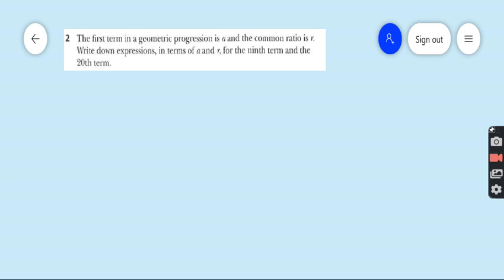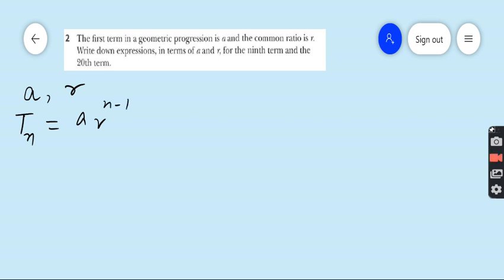Question number 2: the first term in a geometric progression is a and the common ratio is r. Write down an expression in terms of a and r for the 9th term. Very easy. The formula of the nth term is Tn = a r^(n-1).